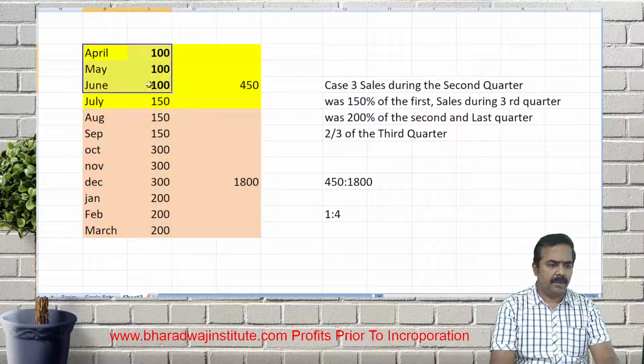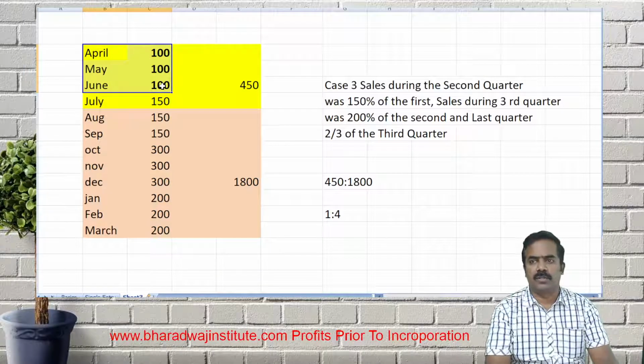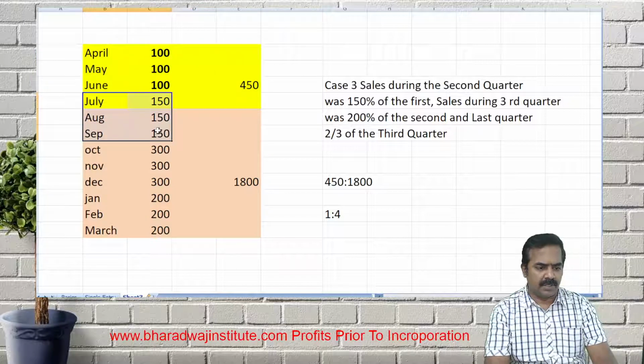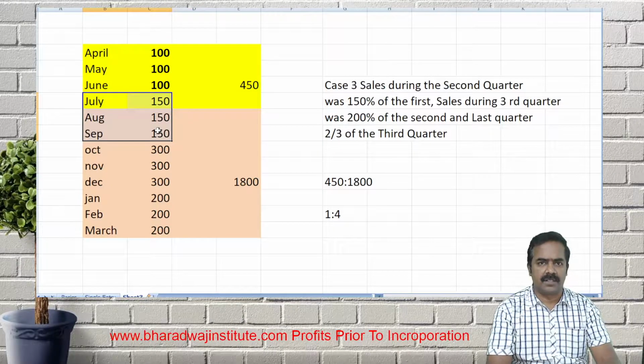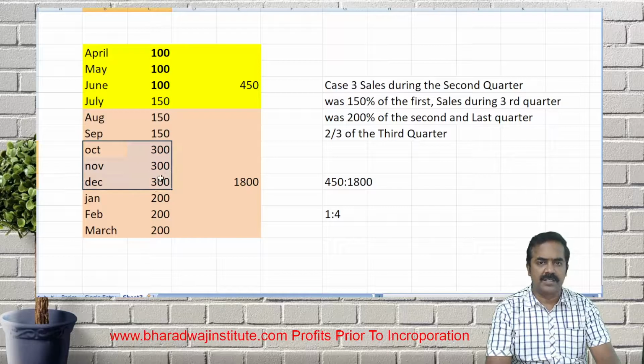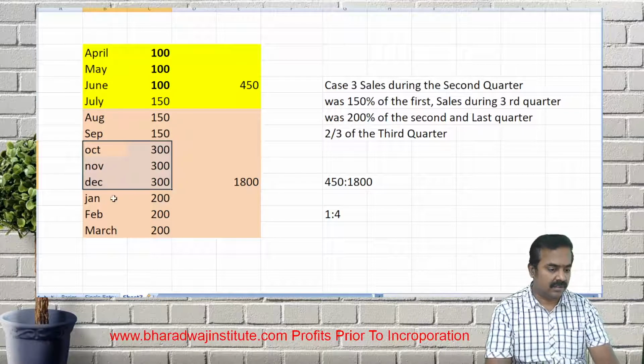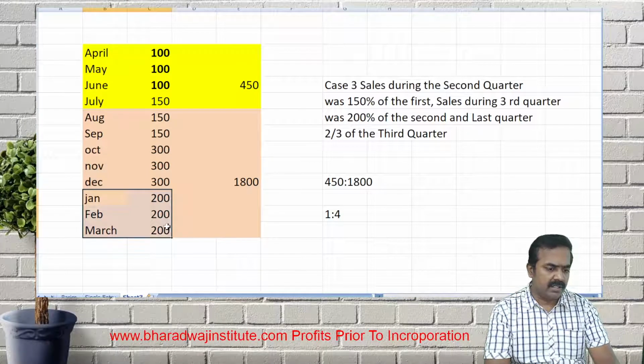Monthly: April, May, June, 3 months constitute a quarter. Take 100, 100 like this. July, August, September, 150%. October, November, December, 200% of the second quarter. 2/3 of the third quarter.